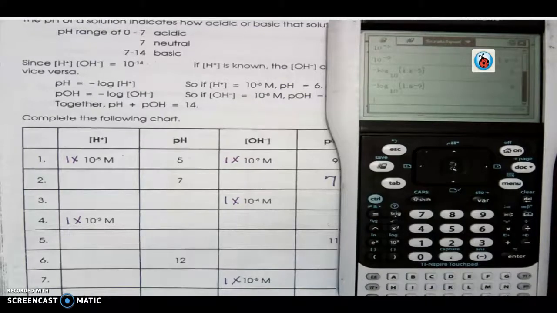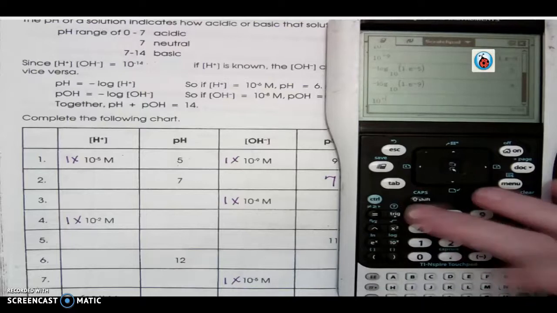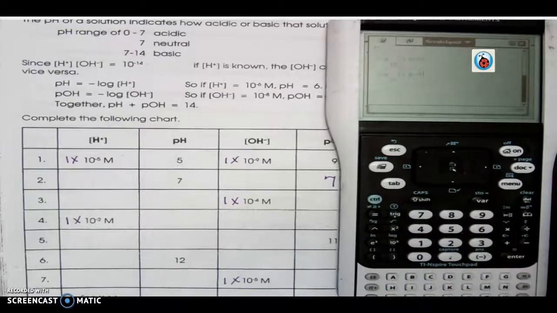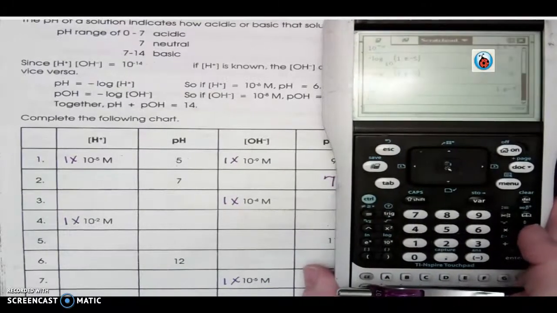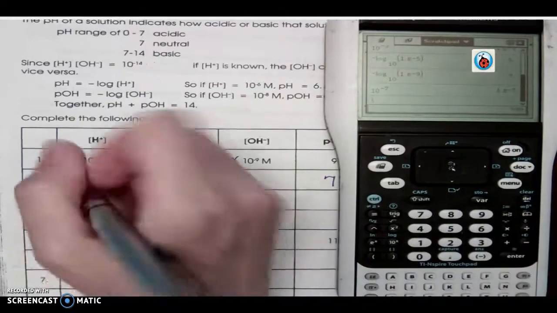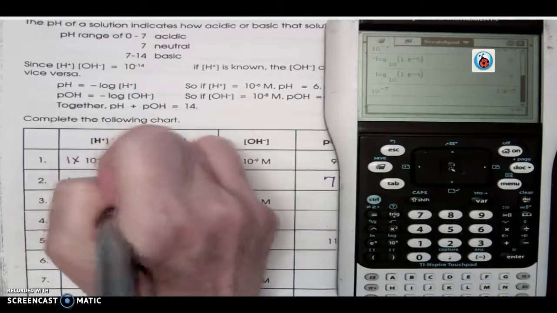So anti-log button, here we go. Anti-log, negative 7. And again, hit control enter so it doesn't come out in fractions. What do I have? Can you see it? 1e negative 7. How do I write that? 1 times 10 to the negative 7.